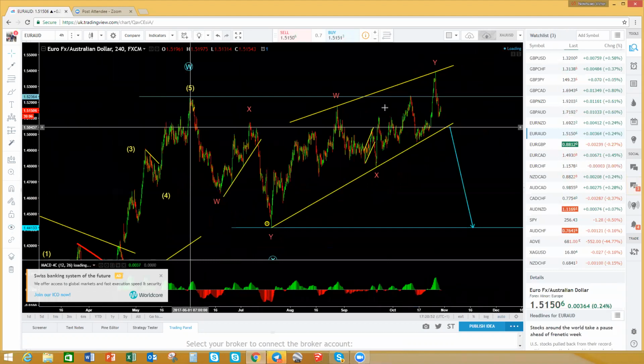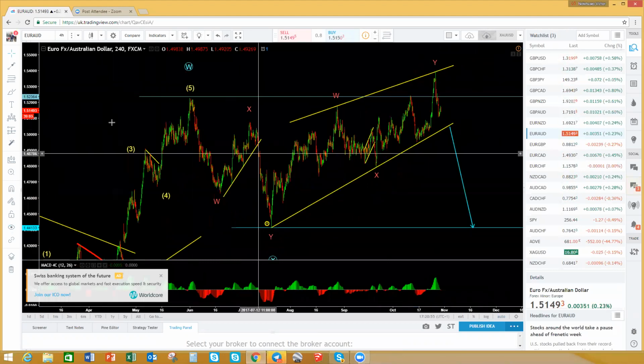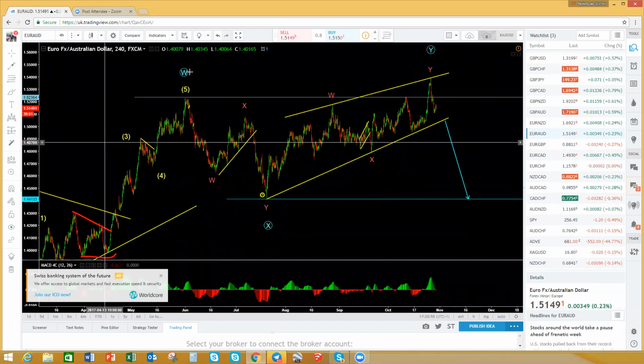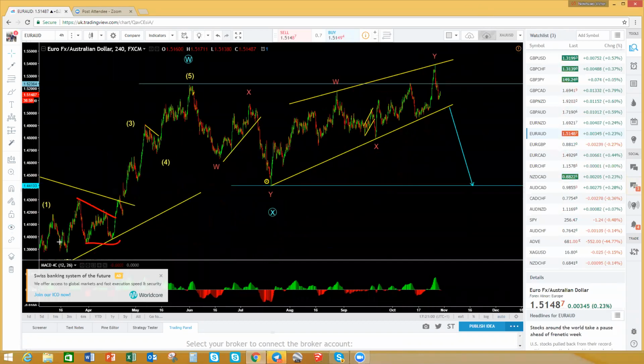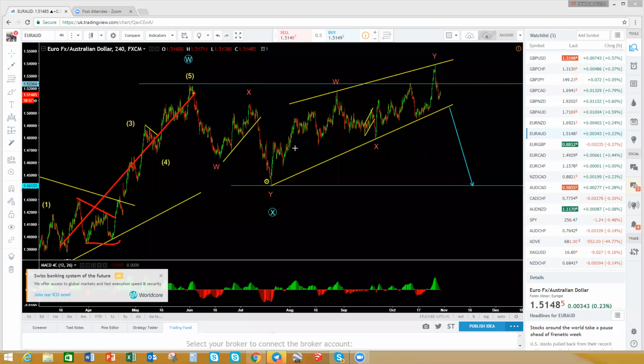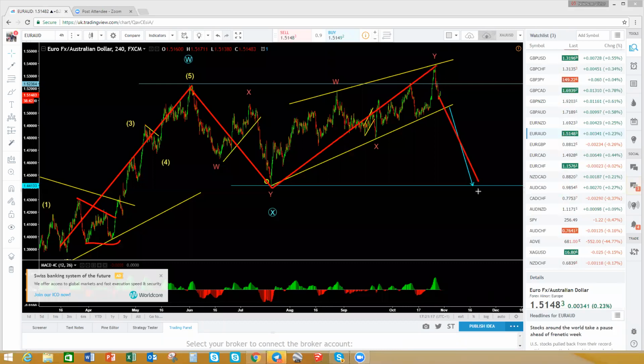All right, so this one, this is our last impulse here, all the way at 5. Okay, and then this thing is correcting like this. 1, 2. You can see here it has tagged the top, so we may be going for an expanding flat all the way down.